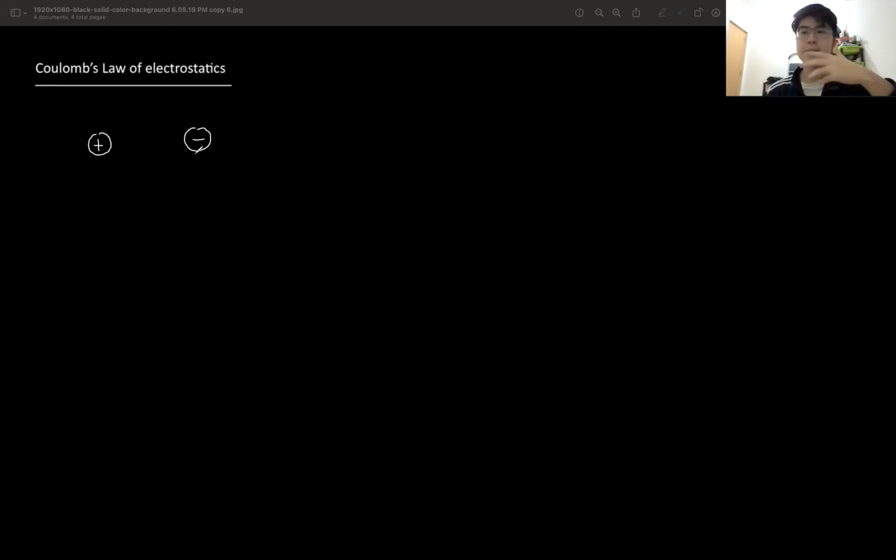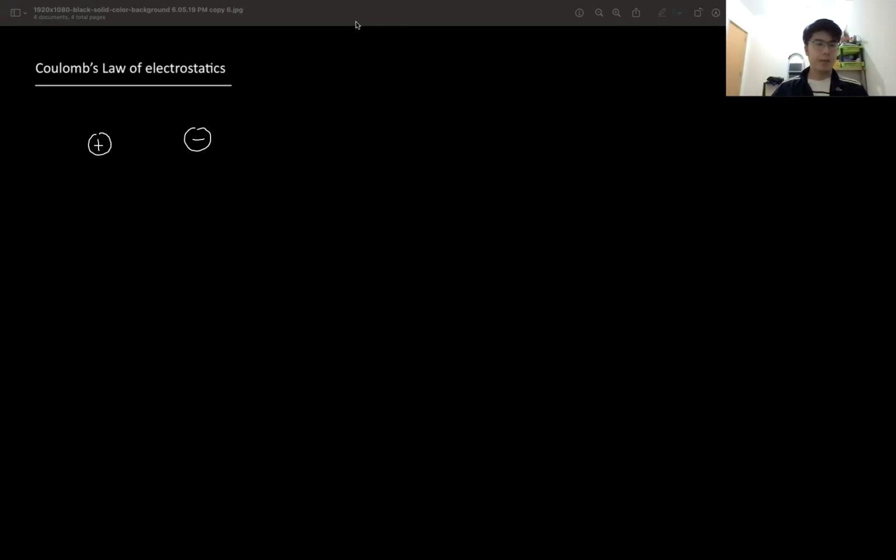Every single object has mass. So if you want to explain what is charge, charge is just like mass. It is the property of a particle. Every charged particle has a property called the charge.